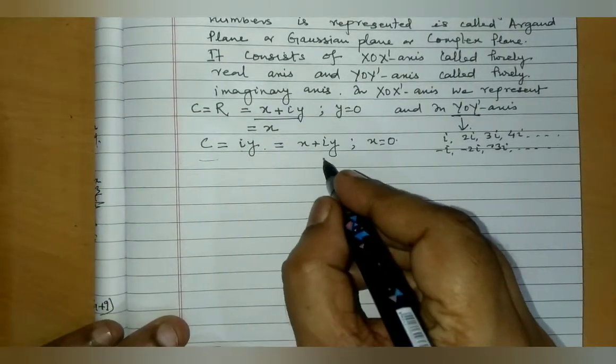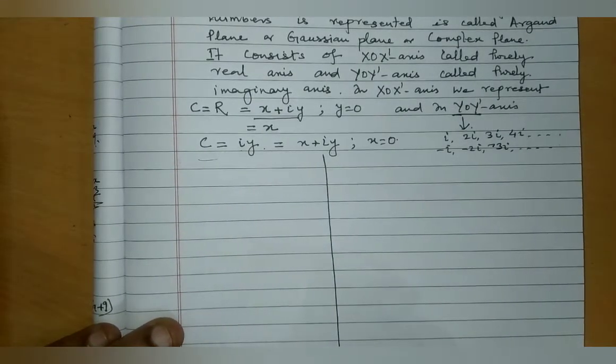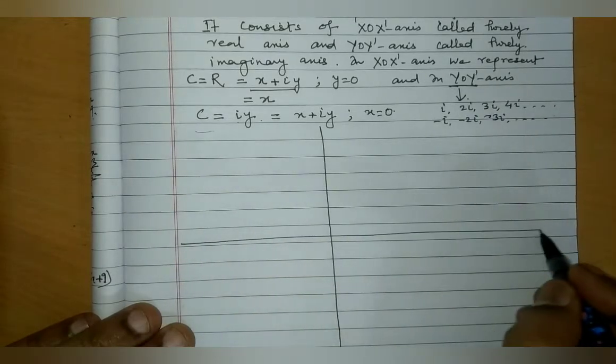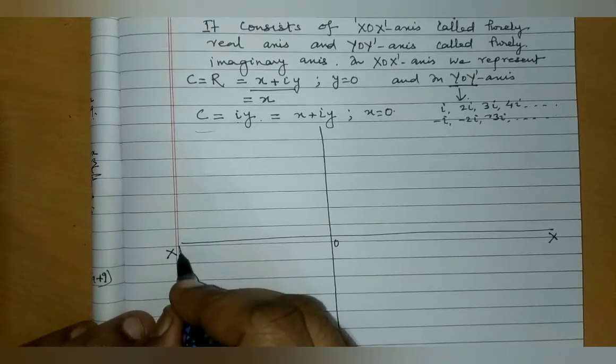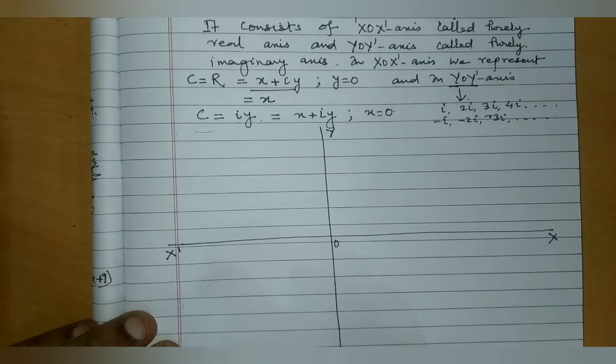So now, first of all, just drawing an Argand plane or Gaussian or complex plane. X dash and y dash.